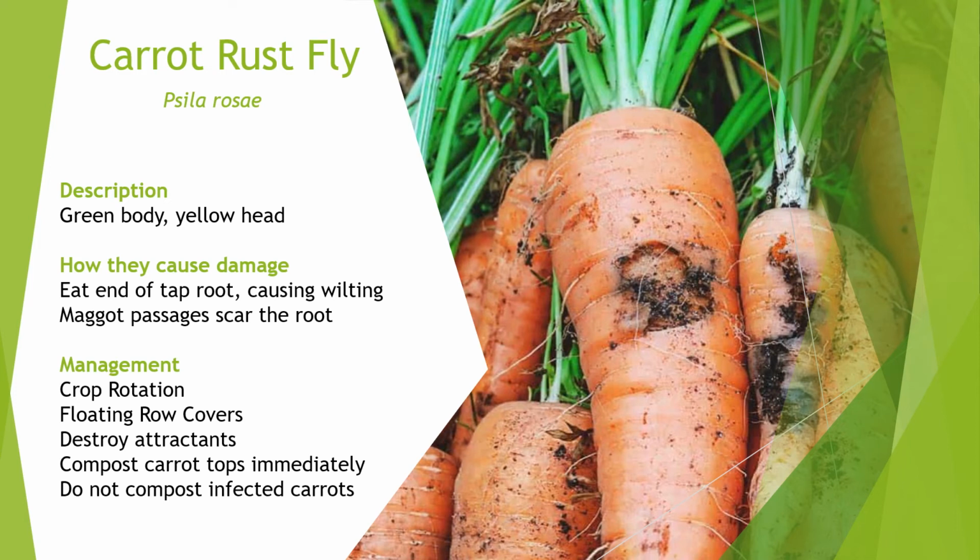So destroy the plants that attract rust flies, things like Queen Anne's lace. That can really help reduce the carrot rust fly population. Also, I don't recommend composting your infected carrots if you do get rust flies, because you put them in your compost and the rust flies kind of incubate and wait for the next time you're going to put them near some carrots.